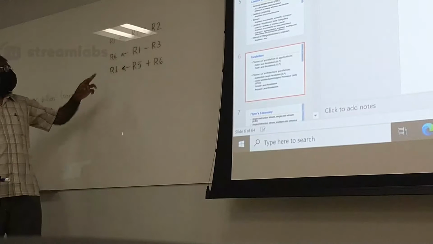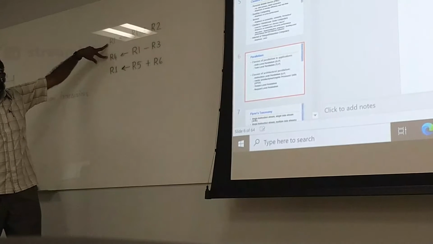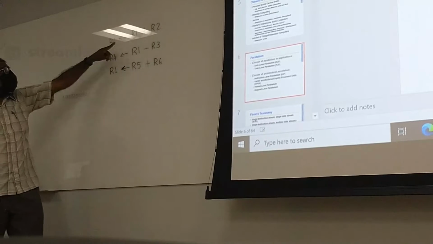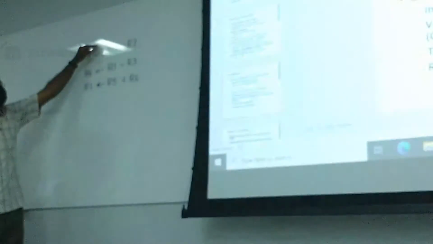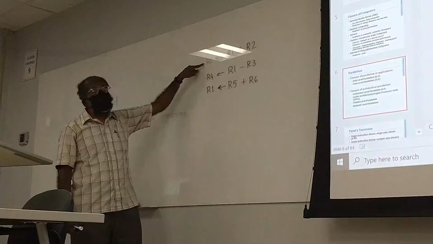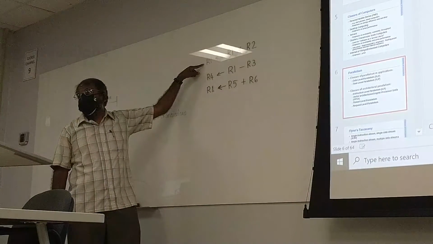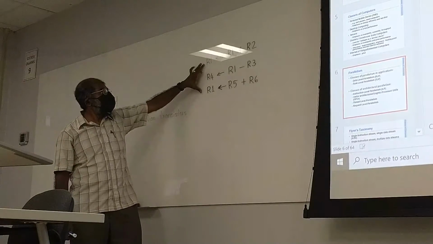For instance, in this case, we cannot execute these two in parallel because a new R1 is being produced that's needed here, so this has to be serialized. Now, can this be executed in parallel with this? Yes or no? These two.